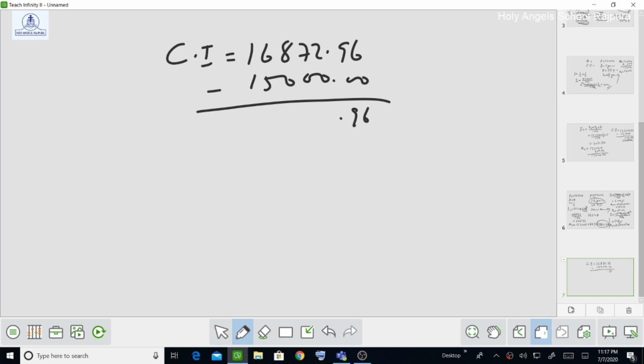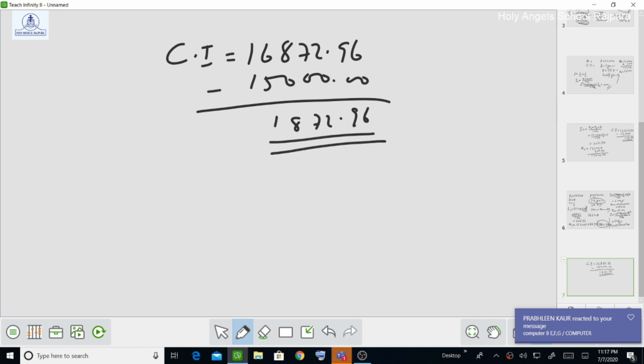That is 1,872.96. So, this is how we calculate if the interest is calculated half yearly or semi annually.